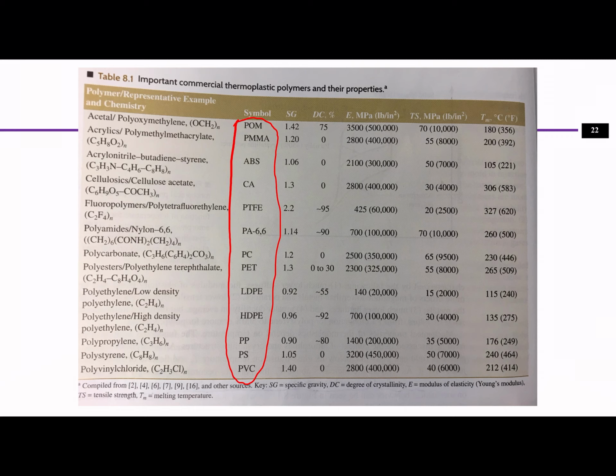You can find some typical ones, for example, polycarbonate, polyester, polystyrene, PVC. They usually have really good Young's modulus.